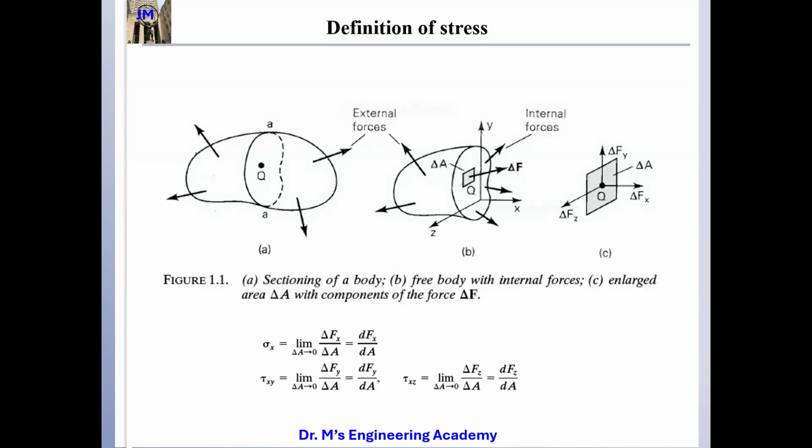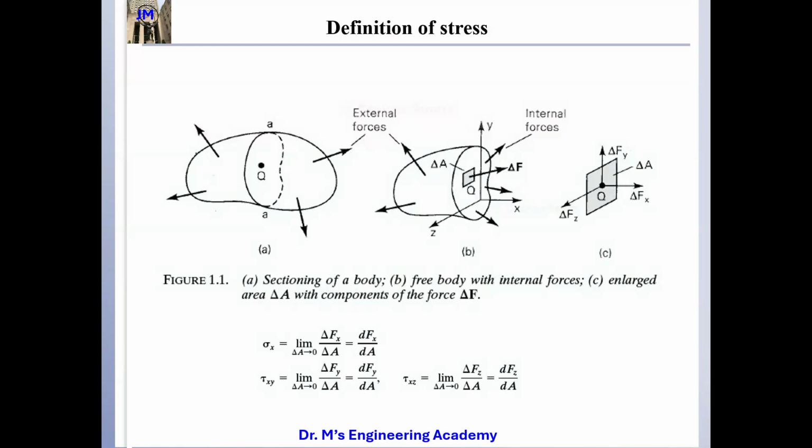Similarly, for these two, this is the normal direction, perpendicular to the imaginary plane. We also have the shear directions, the y direction and the z direction. They are parallel to this imaginary plane, so we use tau xy. Tau xy means taking the limit of delta Fy over the same area, delta A. Similarly, here we have tau xz.